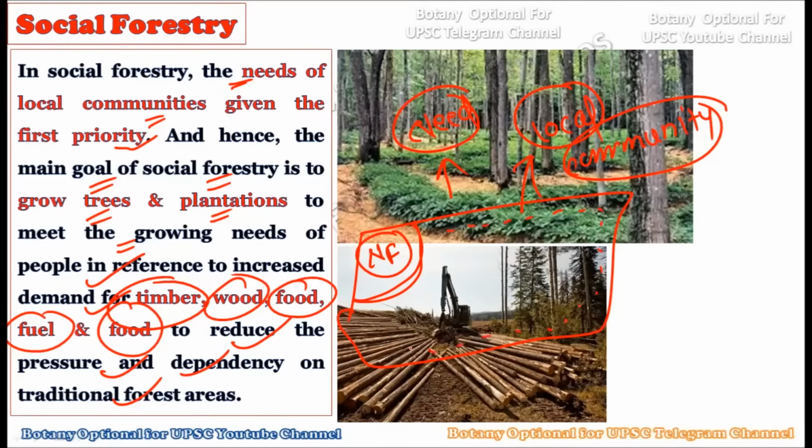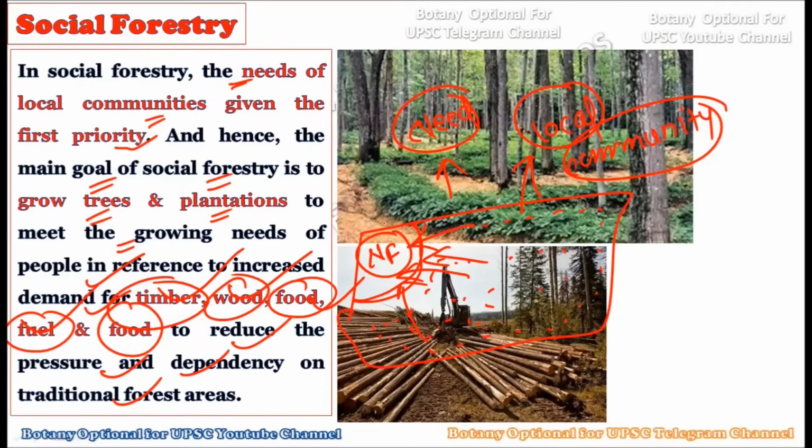Whatever the needs of these people, they take all of them from this nearby forest, whether it is timber, wood, food or fuel. All types of requirements are being taken by these people from this nearby forest.